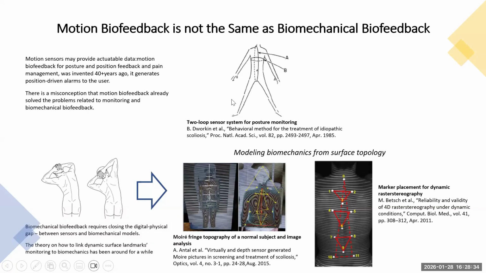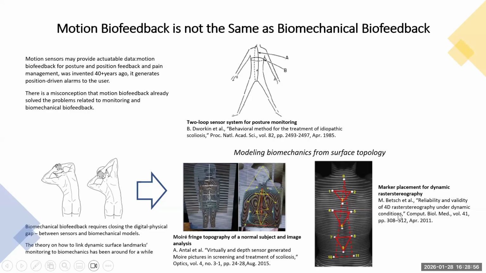And this was a pretty good idea for biofeedback, right? However, when it comes to postural position in 3D and exercise that involves the spine, we need to do something more advanced, right?